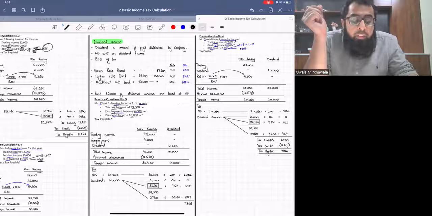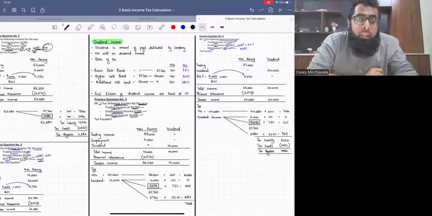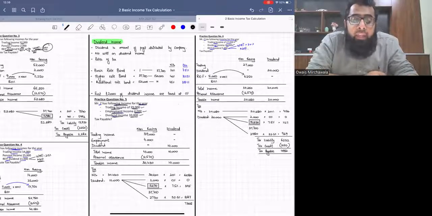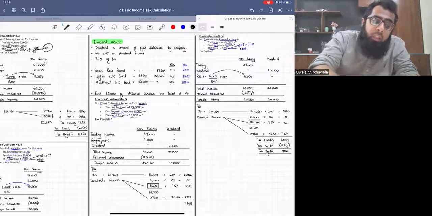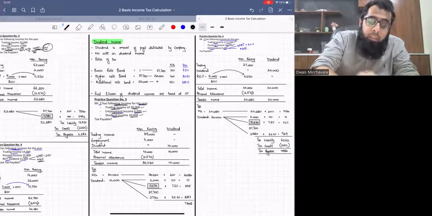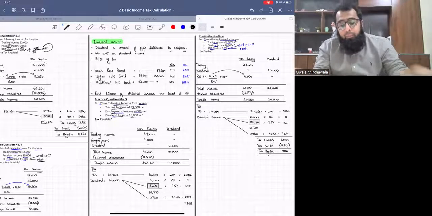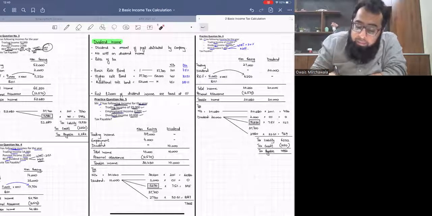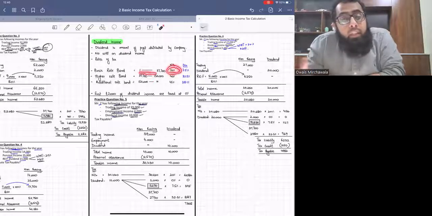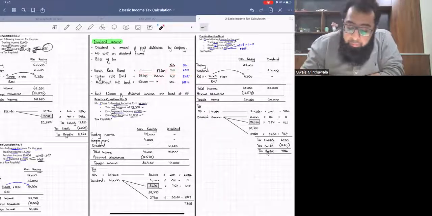Okay, now for dividend income, you need to understand that there are separate rates of tax. Unlike non-saving income, it will be taxed on separate bands. Okay, now the basic rate band 37,700, non-saving has a rate of 20%.